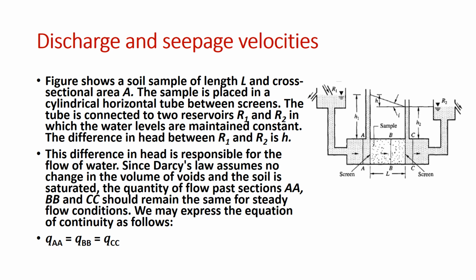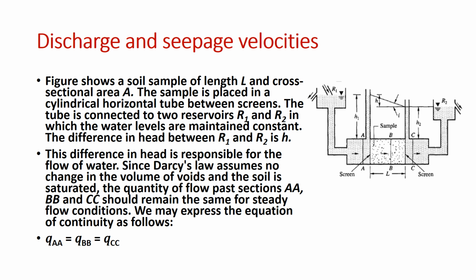The difference of head H1 and H2 is, suppose, H, and suppose this is the soil sample where BB is written, and water is flowing from AA through BB to CC. As we have discussed earlier, Darcy's law is for saturated soil, so the soil will be saturated.